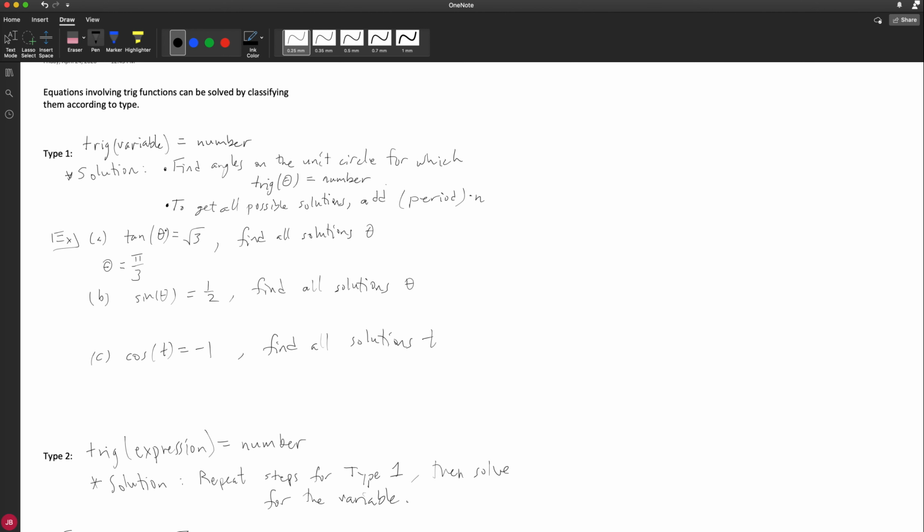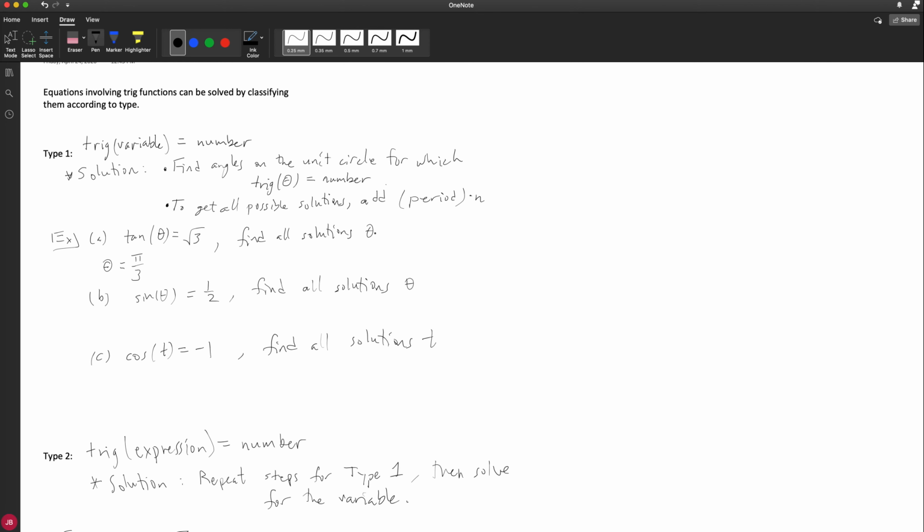But here's the thing, with tangent and cotangent, you only need to look at the top half, so from angle 0 to pi, because we know that tangent and cotangent repeat themselves every pi units. So really, just looking at the top half, there is only one angle, in particular pi over 3, that gives us the correct output, right?